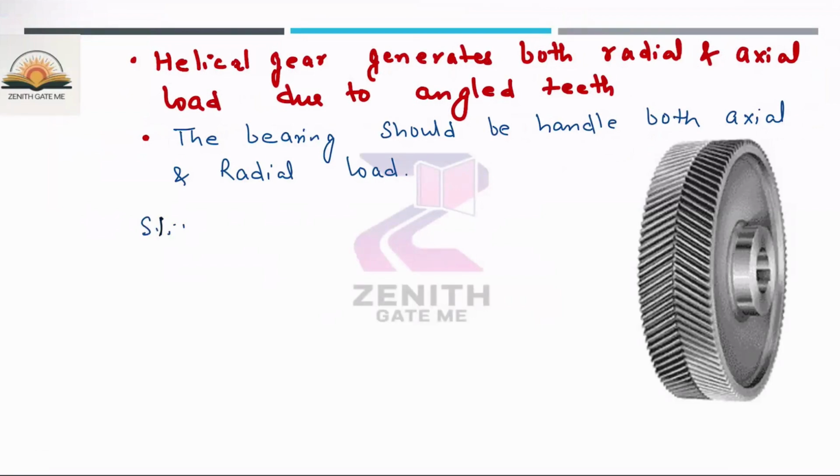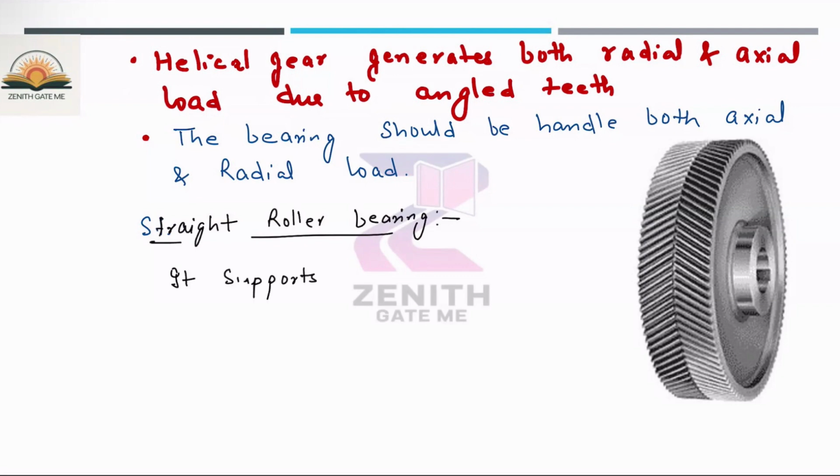Why? Because the straight roller bearing supports only radial load.